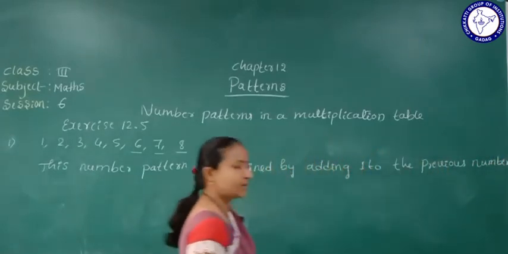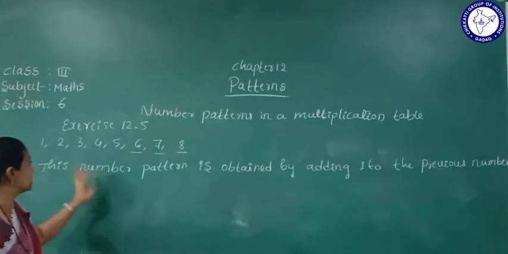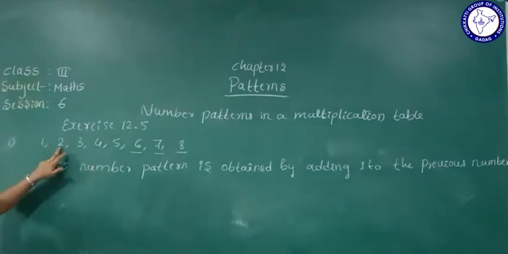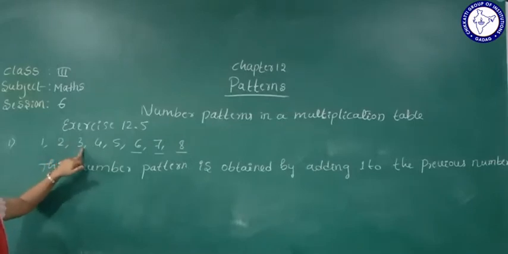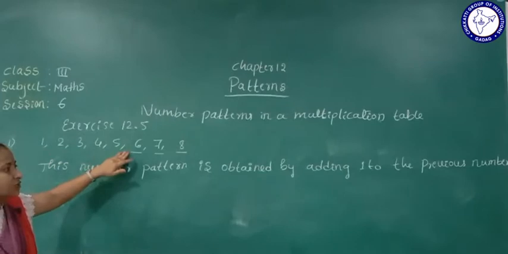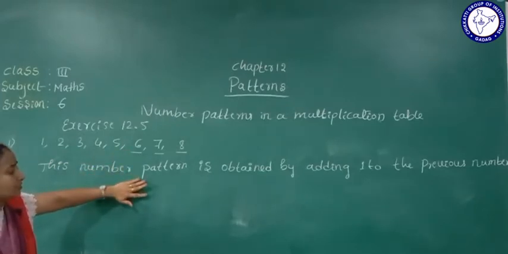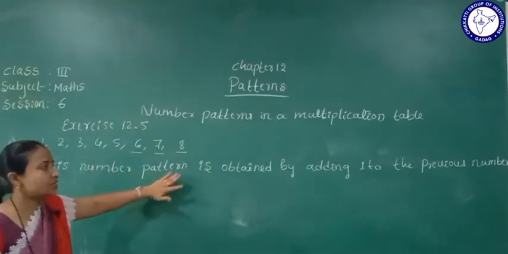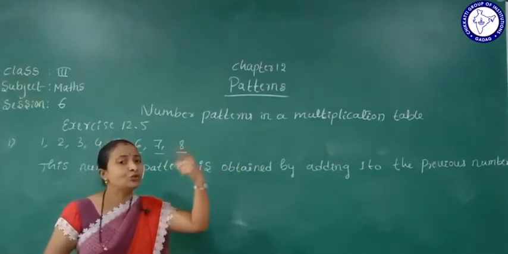How do we find it? 1 is there, and one number is increasing: 1 plus 1 is 2, 2 plus 1 is 3, 3 plus 1 is 4. So this number pattern is obtained by adding 1 to the previous number.